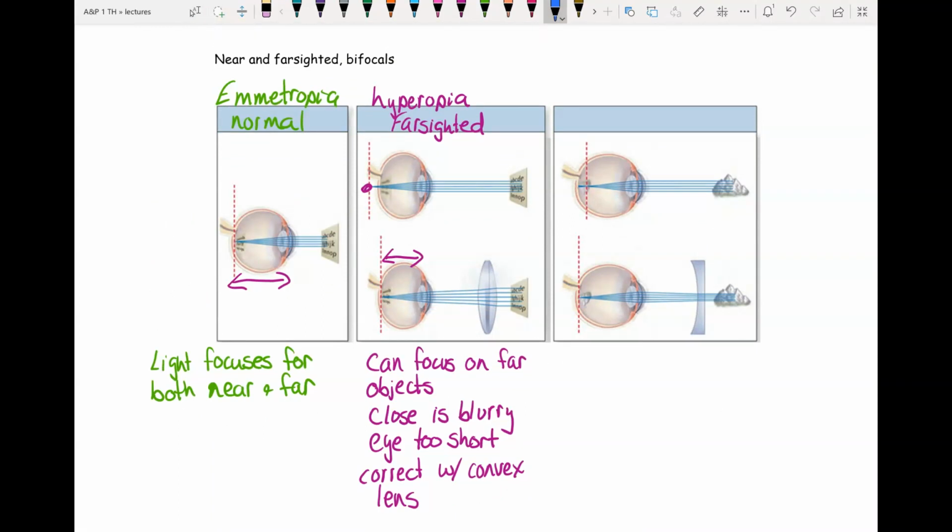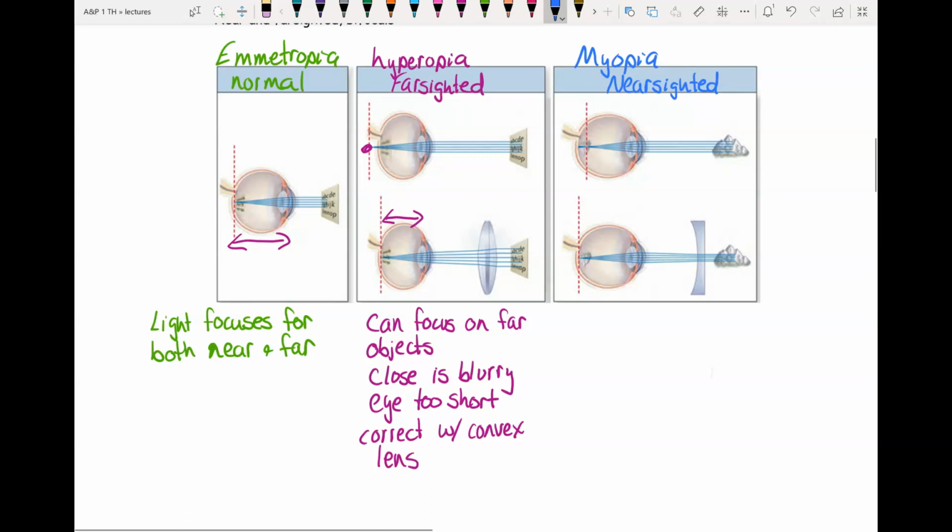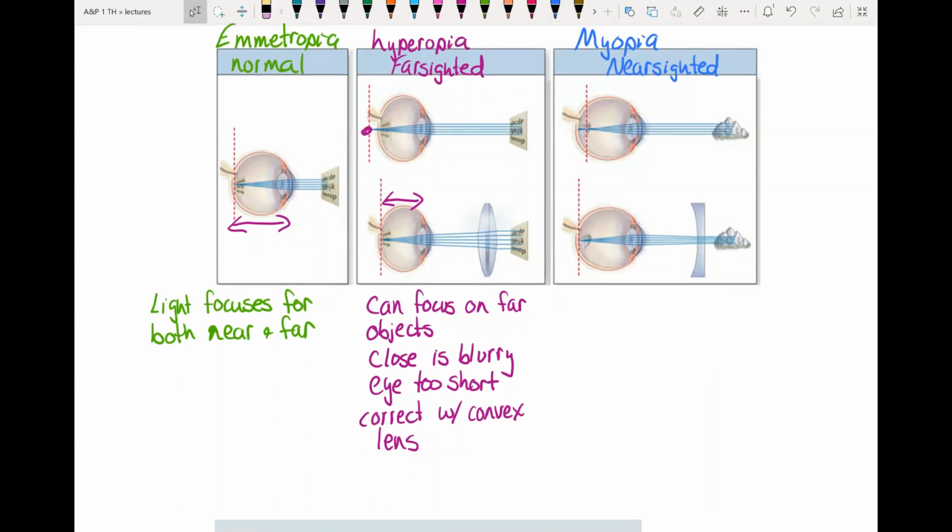Another common problem is myopia. This is also called nearsighted. If you're nearsighted, you can focus on near objects, but far is blurry.